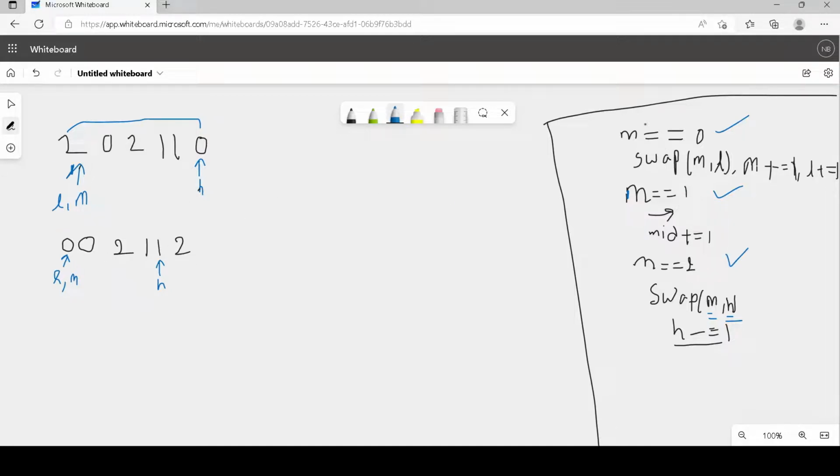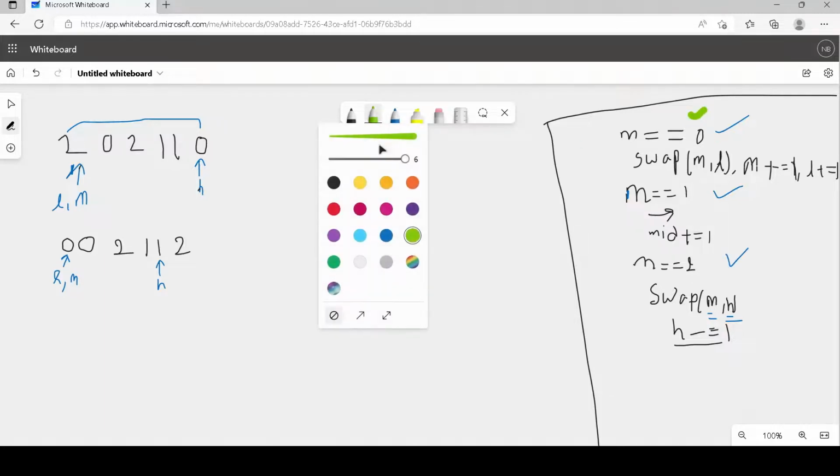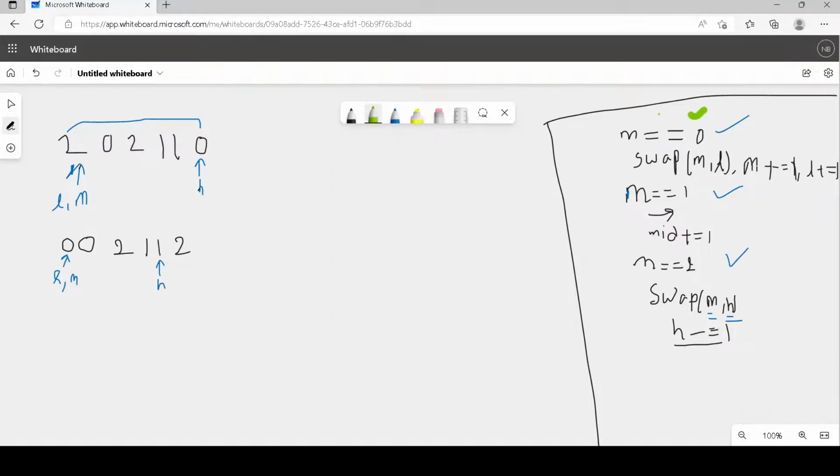After that, now the mid pointer is at the 0th index, so now this condition is true. If my mid pointer is equal to 0, then I have to swap the element at my mid pointer with the element at the low pointer.